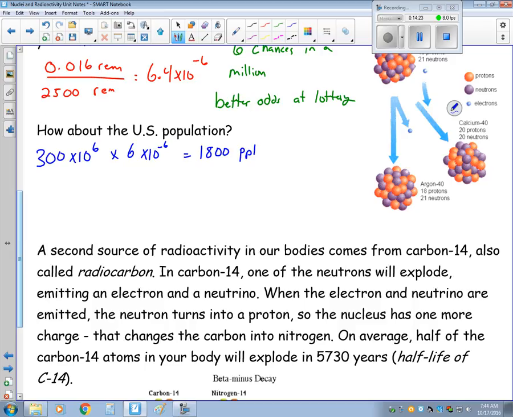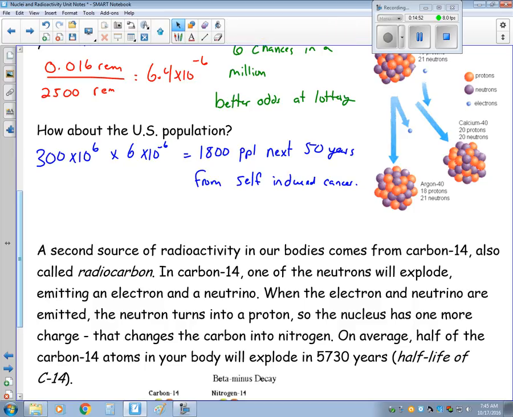So we expect 1,800 people to die within the next 50 years from self-induced cancer. So basically another 36 per year.